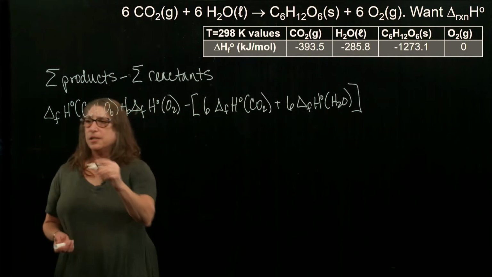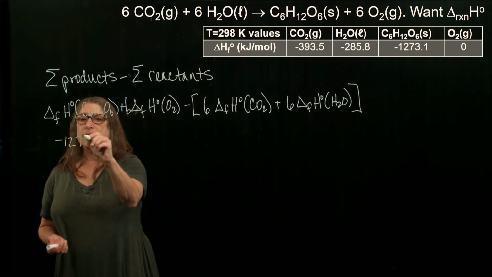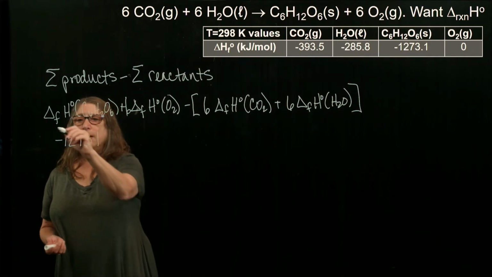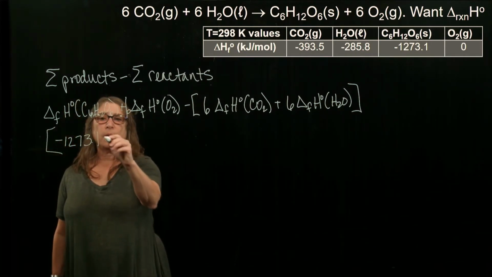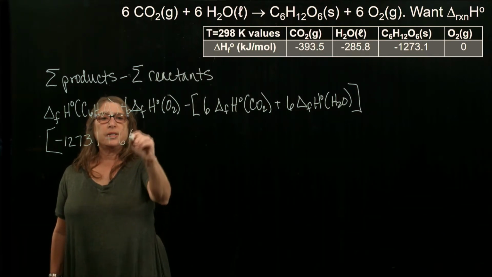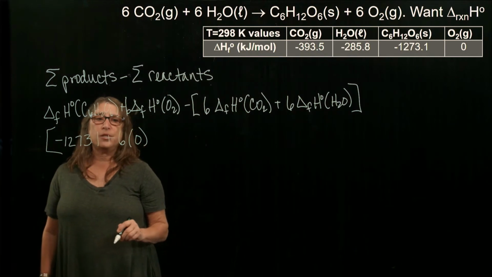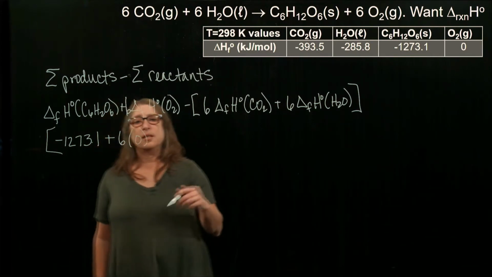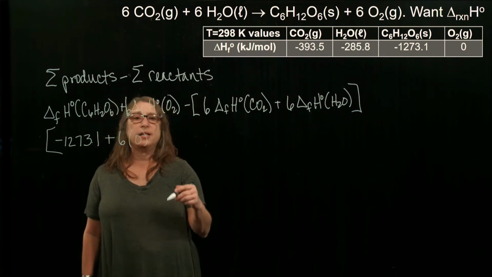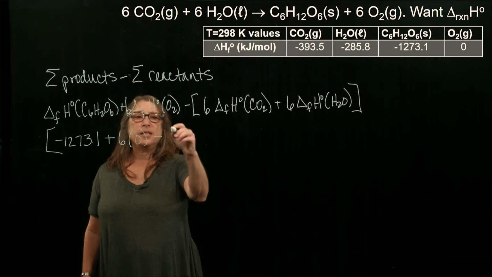So here I'm going to substitute these numbers in. This is minus 1273.1. And I'm going to put the units all at the end so I don't have to worry about them here. I need 6 oxygens, and that value for the enthalpy of formation is 0 because oxygen gas under standard conditions is the standard state, and for elements it's 0 in their standard state.